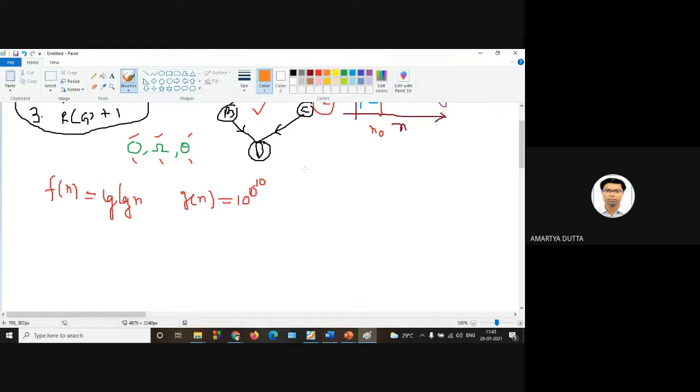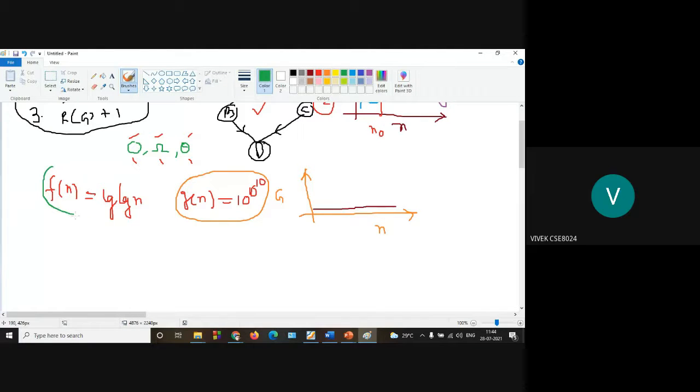Now, if we plot the graph, this is your input size n, and this is the growth of the function. Now, Gn is constant. What will the constant line be? Gn is some constant, so this is the graph for the constant.